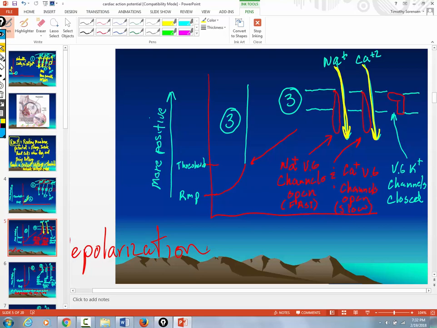So sodium is going to pour in. And because sodium is positive, the charge inside that heart cell is going to become rapidly more positive. And when it becomes rapidly more positive, that's called depolarization. Say yes.